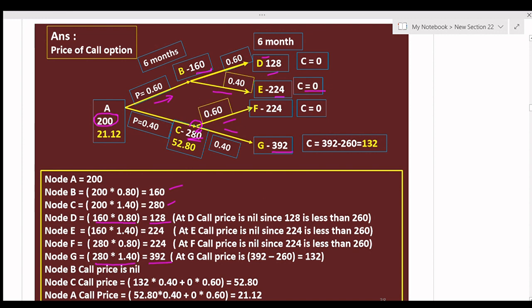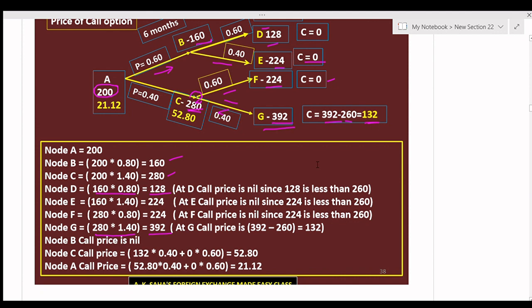And if it is 280 into 0.80, it will be 224. Here the buyer will not exercise his right. Here he will exercise his right, because there is an intrinsic value: 392 minus 260 is equal to 132.